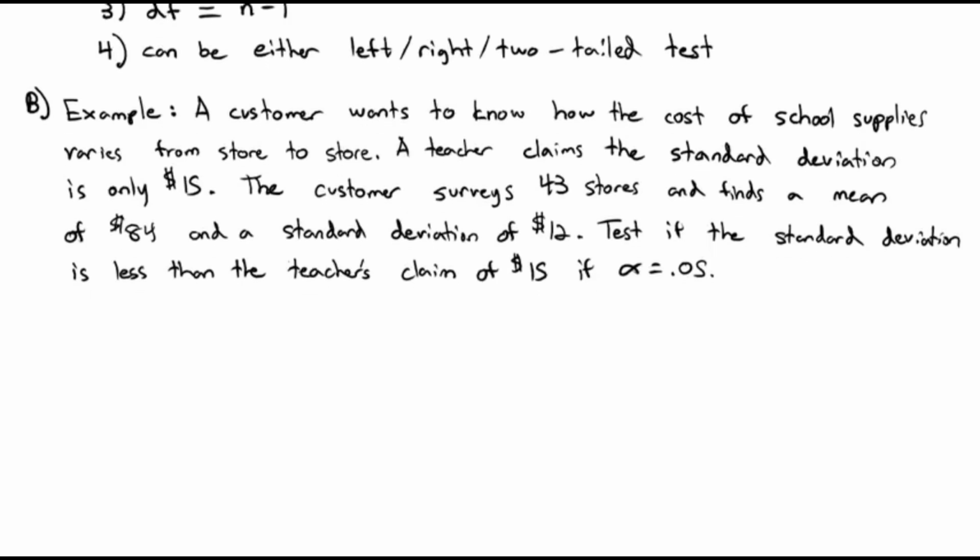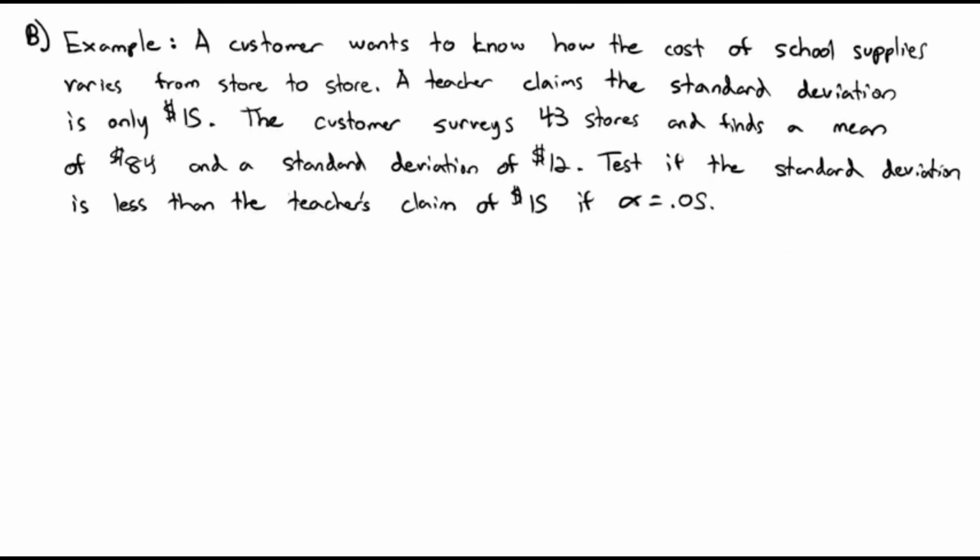So we've got a claim about the standard deviation. The claim is that the standard deviation is $15. But notice that's the standard deviation, not the variance. The variance is the standard deviation squared.